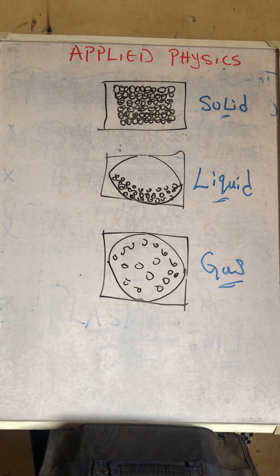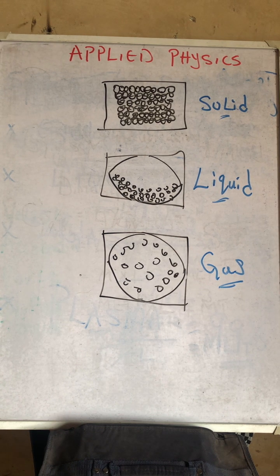It cannot be compressed, and it conforms to the shape of its container. So it retains nearly constant volume independent of the pressure. So the volume is definite if the temperature and pressure are constant.